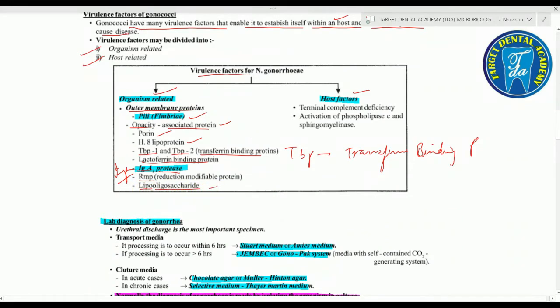Coming on to the host factors, these are terminal complement deficiency, and activation of phospholipase C and sphingomyelinase.